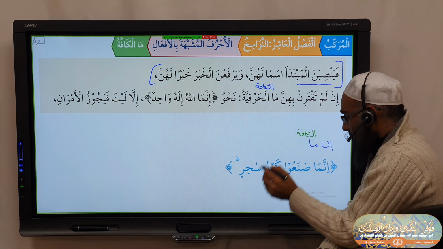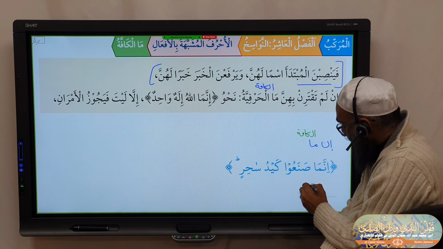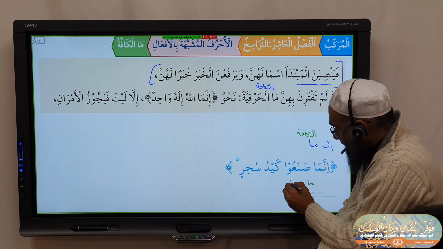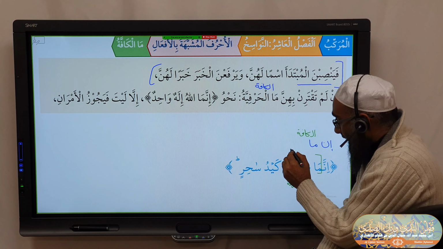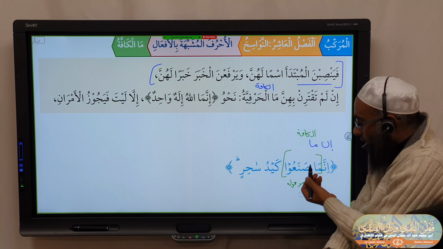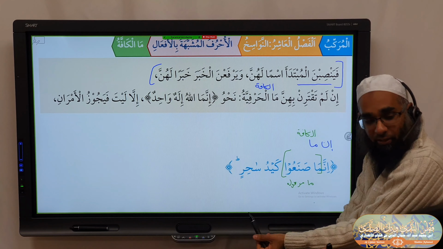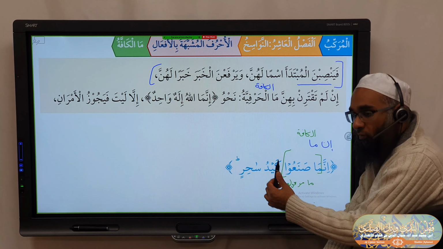What is this? Ma mawsul is ma mawsula. So inna ma sana'u kaydu sahir. Indeed, what they have done is the plot of a magician. It's not that they have only done the plot of a magician.